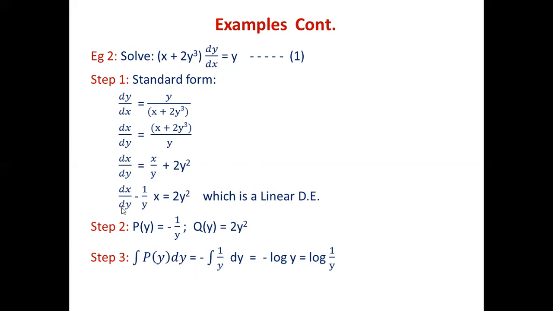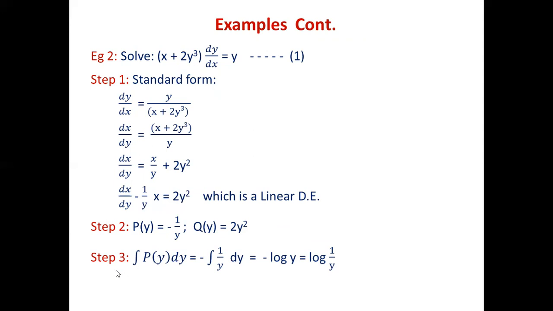That is, here the dependent variable is x and the independent variable is y. So there are 3 terms: dx by dy, first term, plus a function of y into x, second term, and on the right side you have a function of y. So the first step is reducing the equation to the standard form. Second step, identifying a function of y, p of y, and another function of y, q of y.